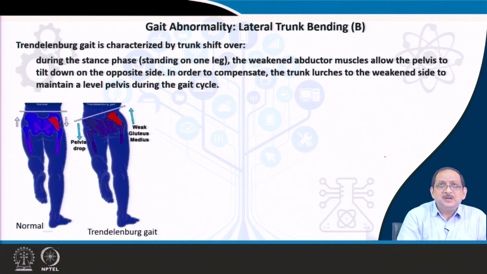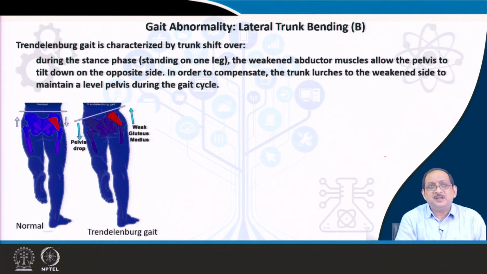Let us come to the second gait abnormality, which is due to lateral trunk bending. This is actually called Trendelenburg gait, and it is characterized by trunk shift over.